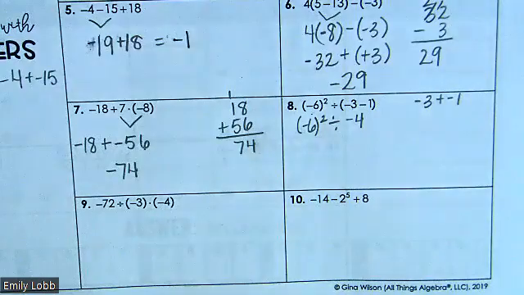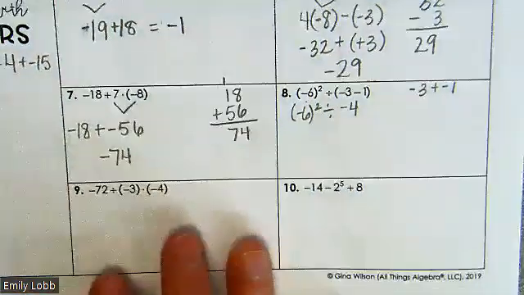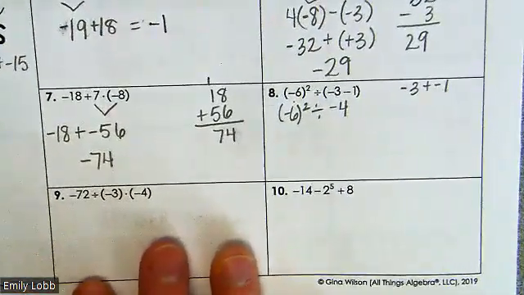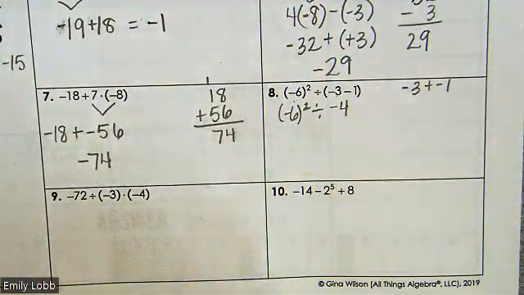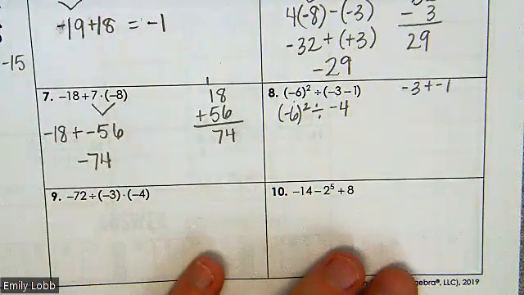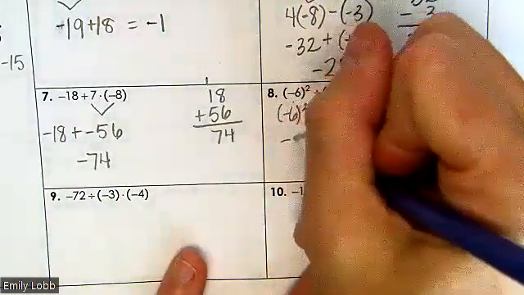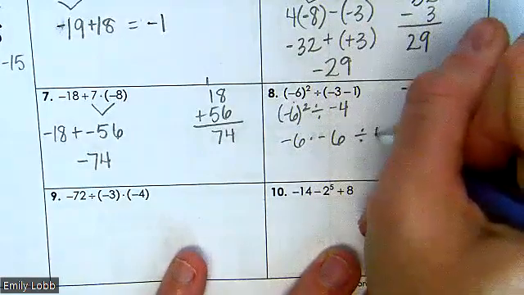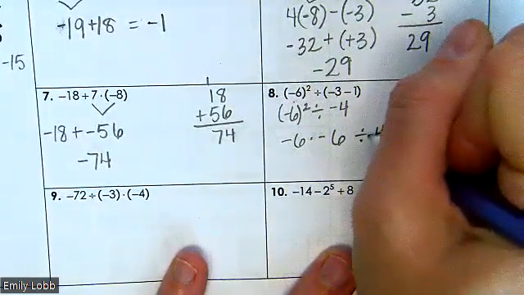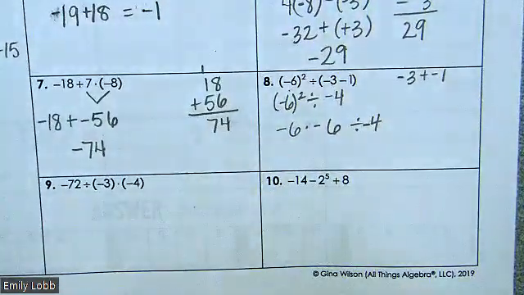So with this exponent, it says that I have a factor of what 2 times? 6. So I have -6 times -6, and I'm still dividing that by -4. What's -6 times -6?